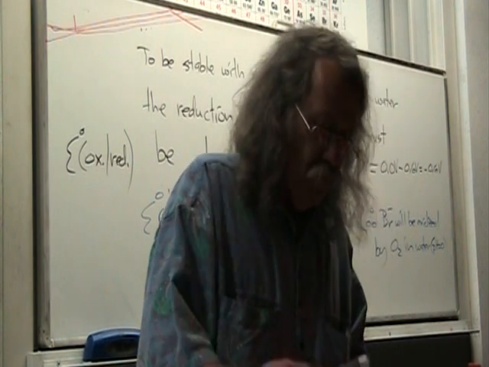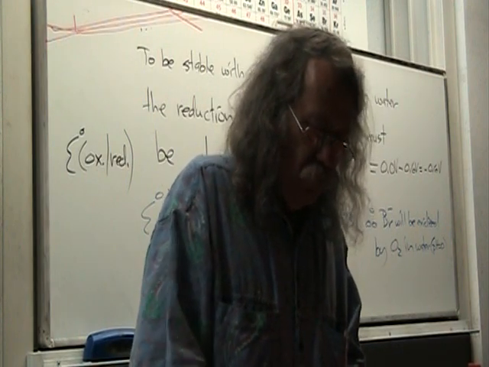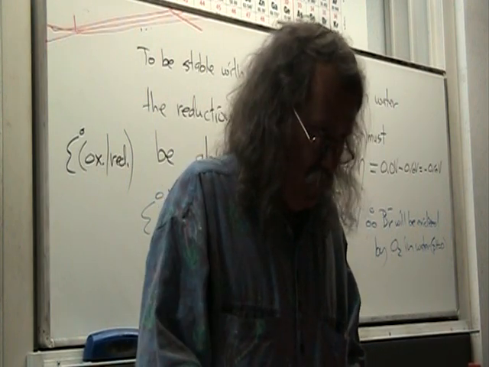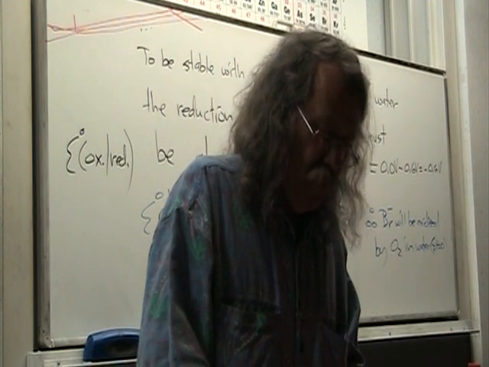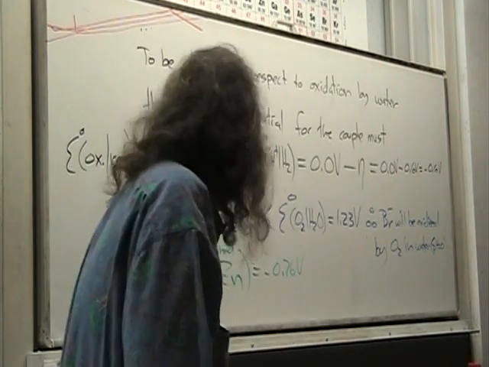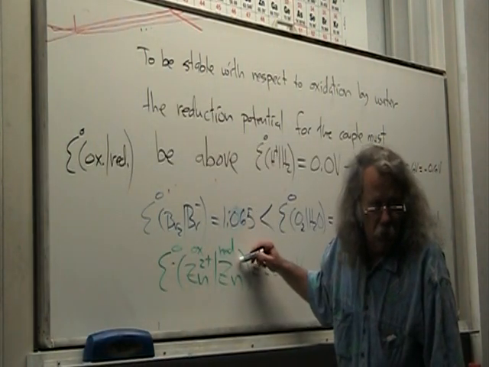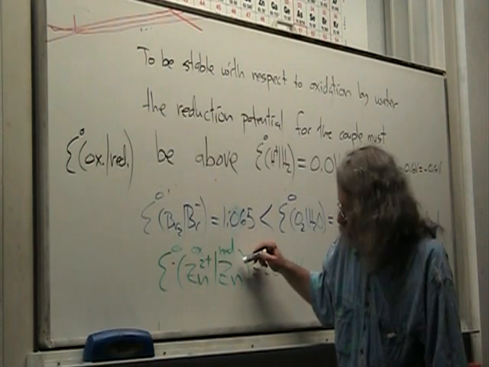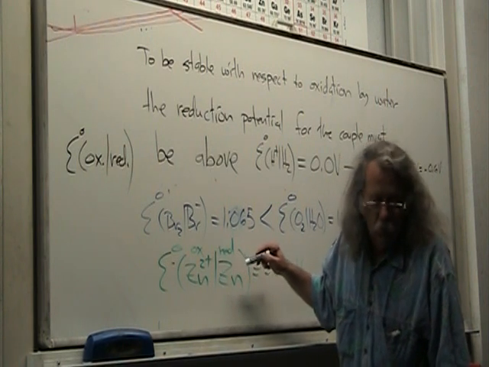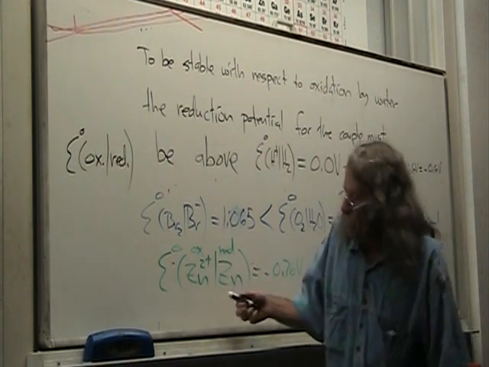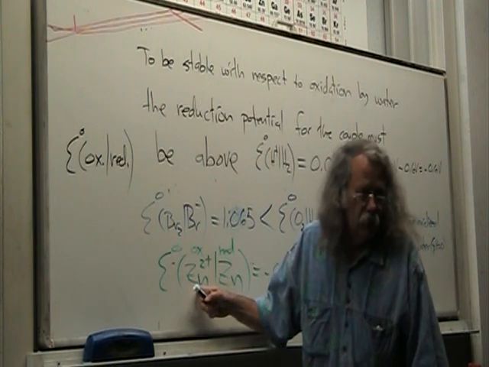So if I'm worried about something being oxidized, I'm more concerned about the reduced form. That's the information I get from the reduced half of the couple. If I'm worried about something being reduced, I look at the oxidized form.